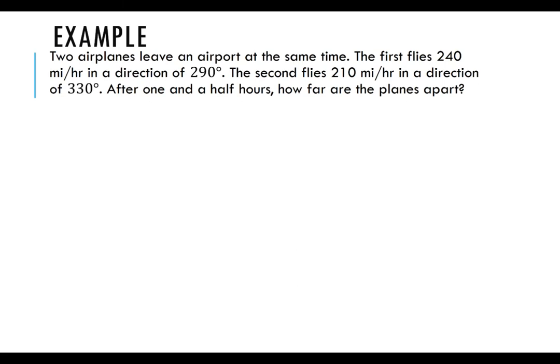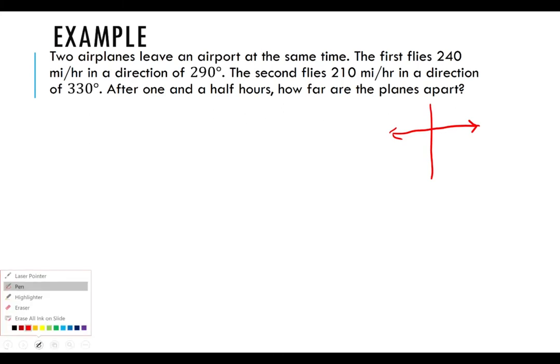Because we have this superimposed on an xy coordinate plane, they're specifically telling us what direction these airplanes are flying. The first one is flying in a direction of 290 degrees. Where does 290 degrees live? 290 degrees lives in quadrant 4, a little bit counterclockwise of the negative x-axis.